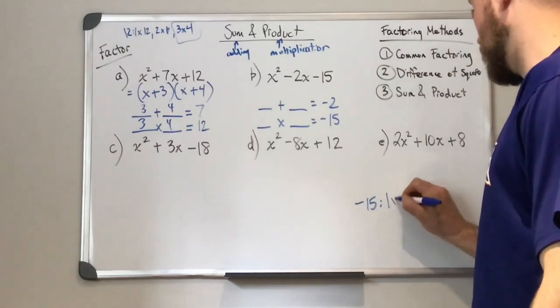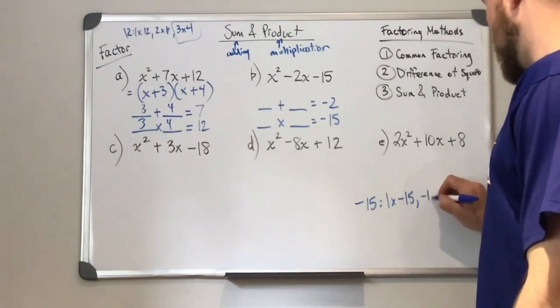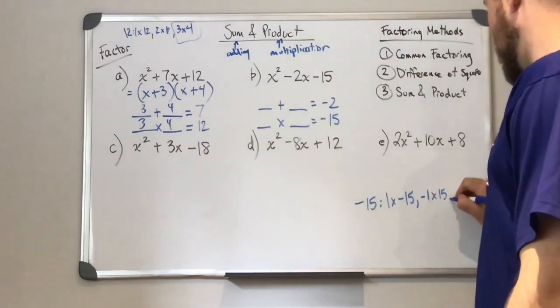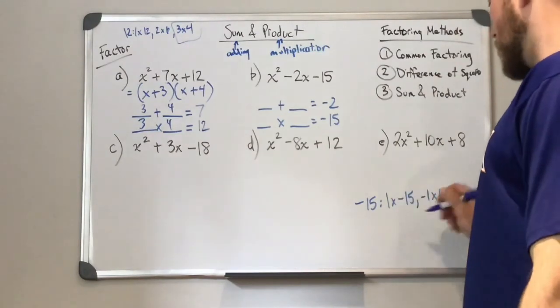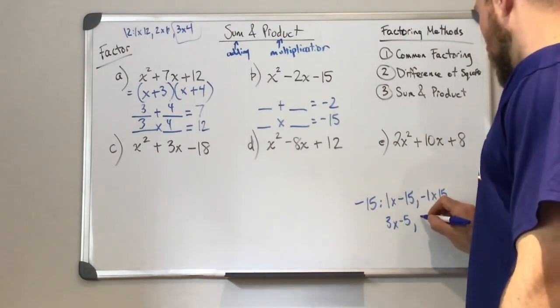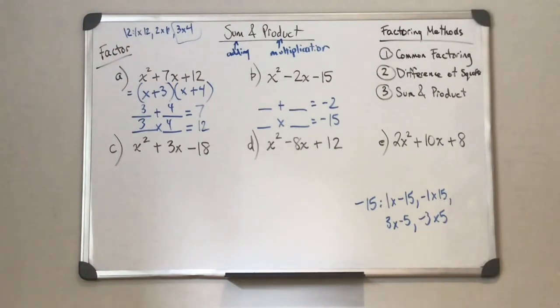We could have 1 times negative 15, negative 1 times positive 15, 2 doesn't work, 3 times negative 5, or negative 3 times 5. And that's it. So one of these 4 has to be our best option.